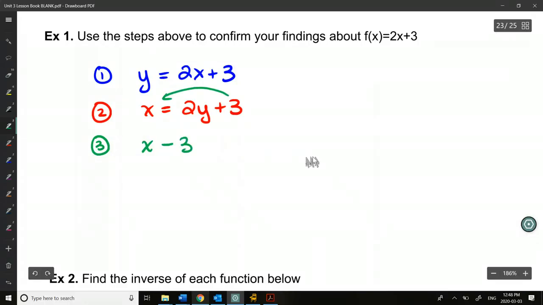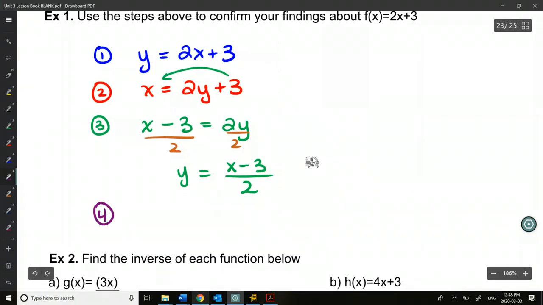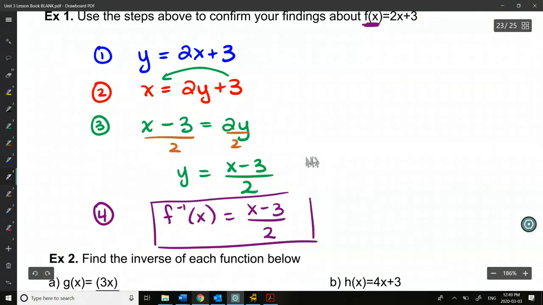So we're going to isolate for y. We're going to bring the 3 over to start. It becomes negative 3. And then we will divide out 2. Okay, so this is what we get. And then the last step here, we're going to replace our y with function notation. So whatever the name is of your function, you're going to replace that with inverse notation. Okay, and this is actually the function that we got above, and we used the algebraic method to find it.